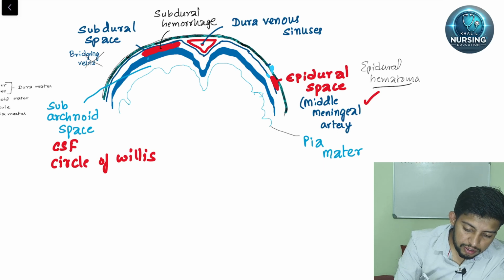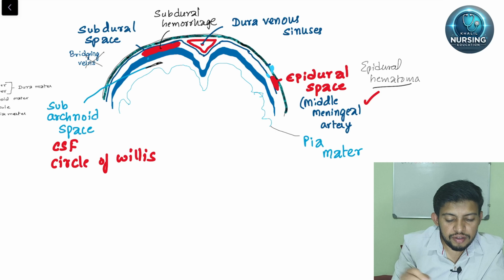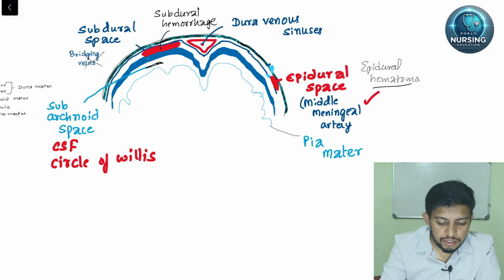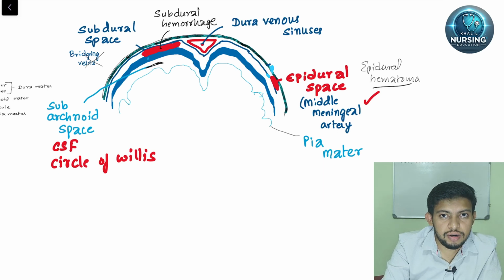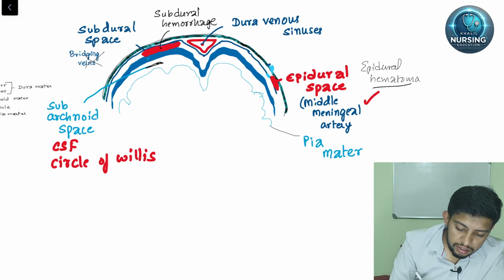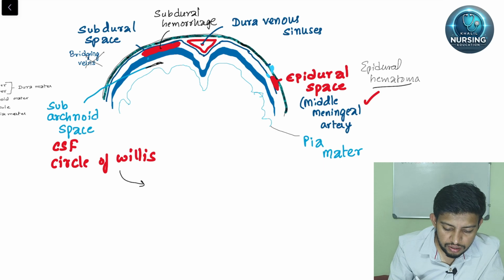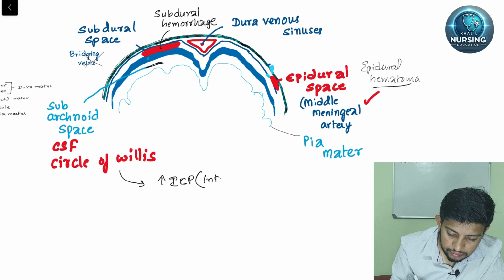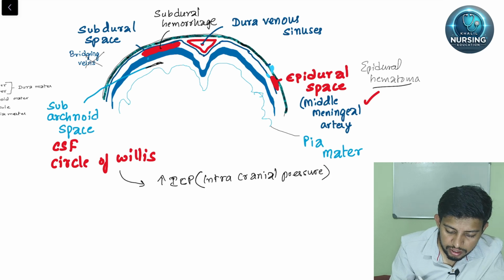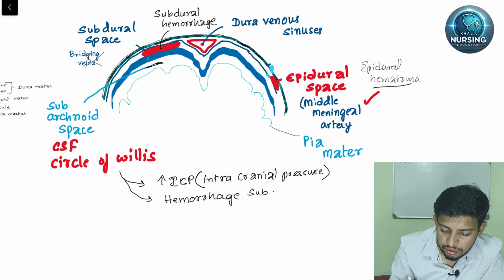Suppose in the circle of Willis, at the subarachnoid space, there is a rupture. It will lead to increased intracranial pressure, and very importantly it will also cause hemorrhage, a subarachnoid hemorrhage.